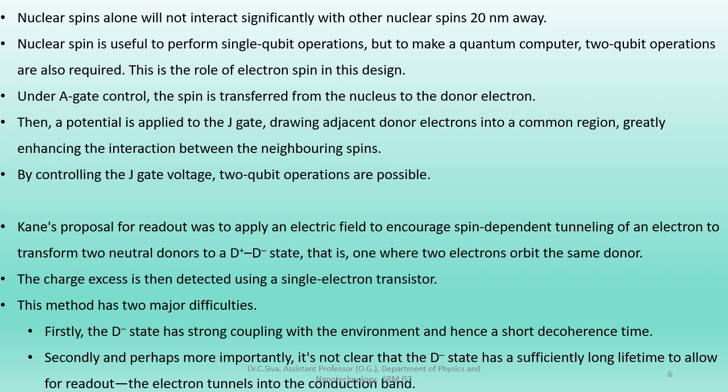Under control of the A gate, nuclear spin information is transferred to the donor electron. Then the J gate voltage brings adjacent electrons into a shared region where their spins interact, enabling two-qubit operations such as entanglement.